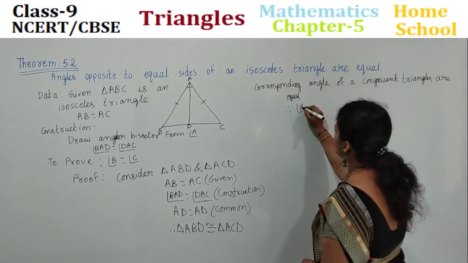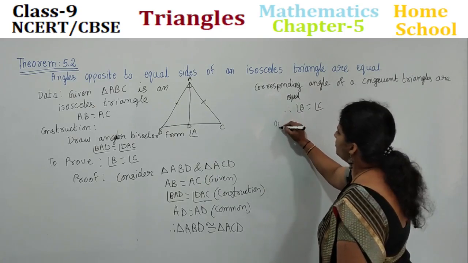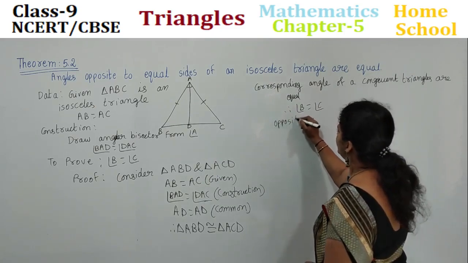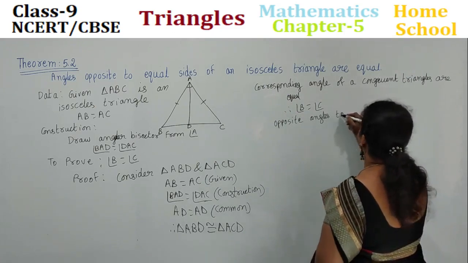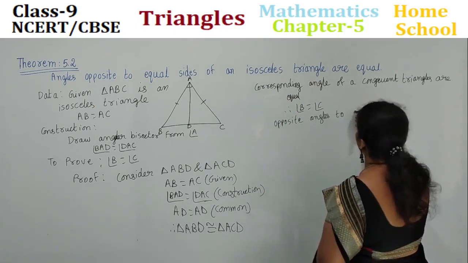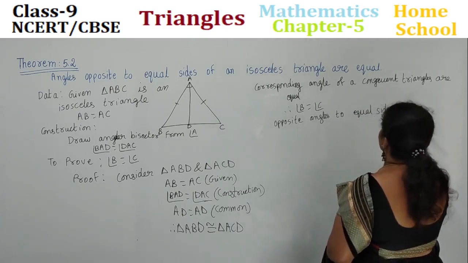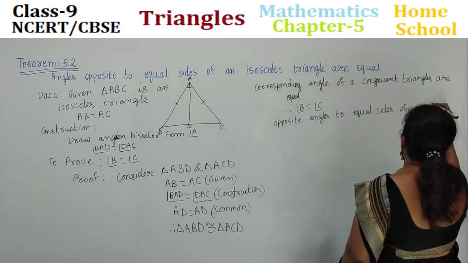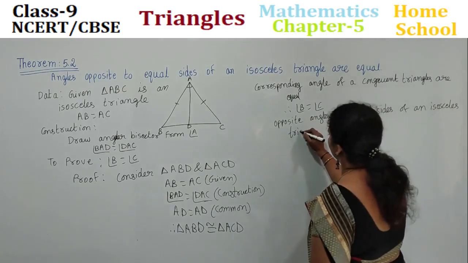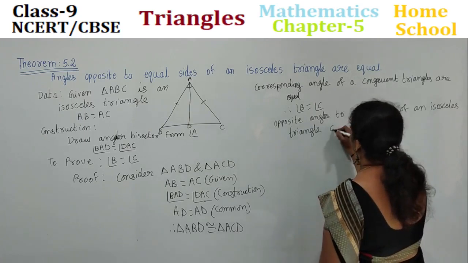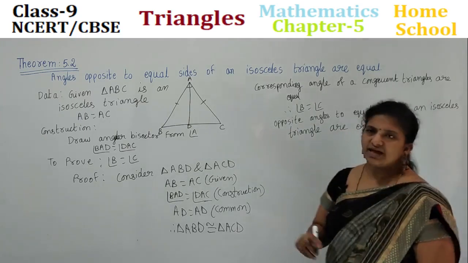Therefore, angle B is equal to angle C. Finally, what can you say? Opposite angles to equal sides of an isosceles triangle are equal. Hence it is proved. That's it, children.